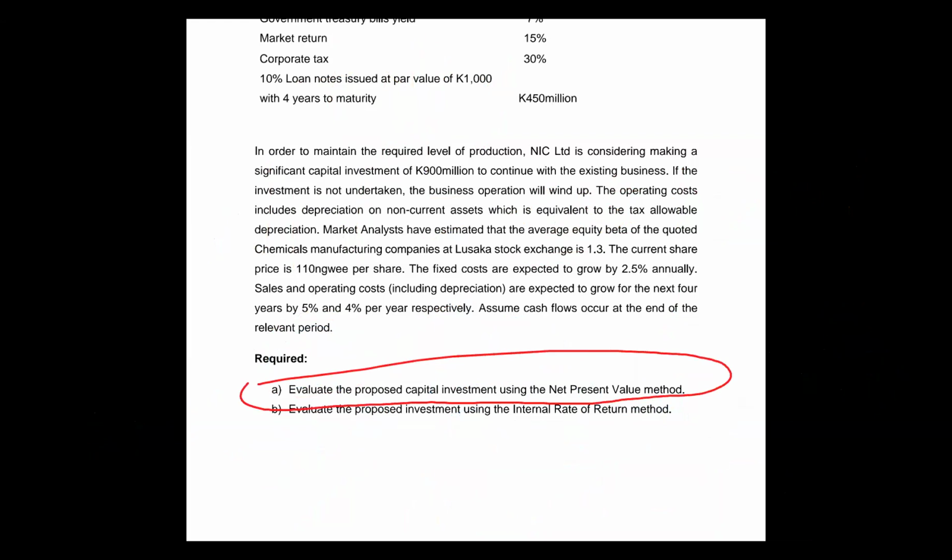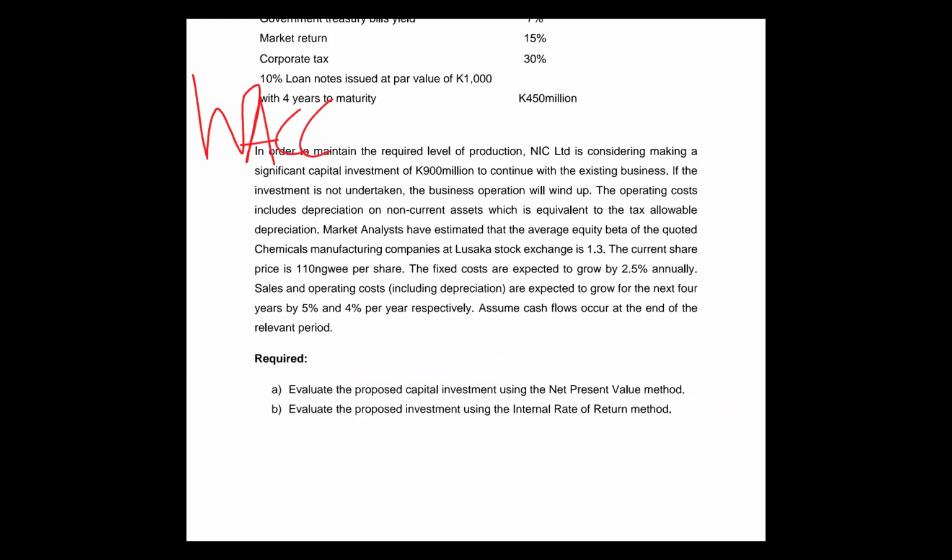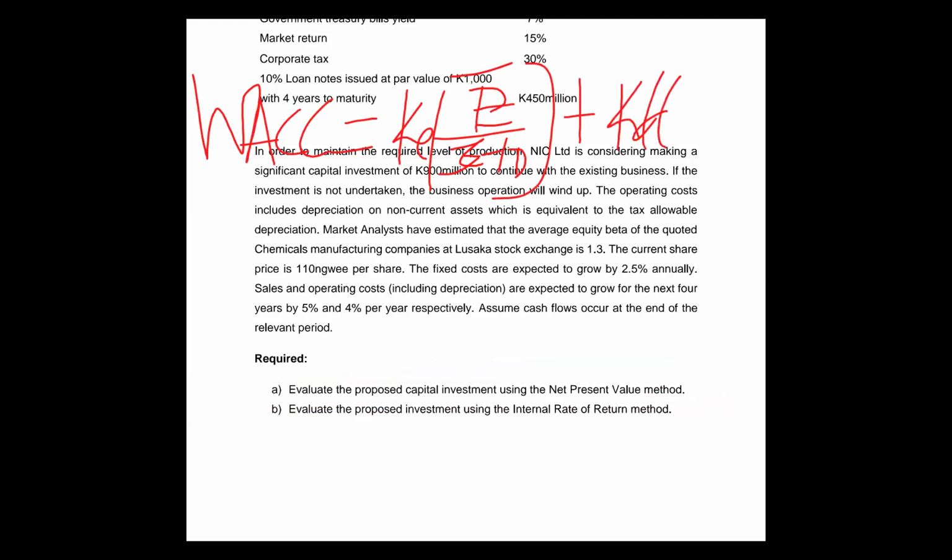But we got to find it. And now how do we use WACC? The conversation is still the same. WACC shall be given by the cost of equity multiplied by the weight of equity over equity plus debt, plus the cost of debt, 1 minus tax rate, multiplied by debt over equity plus debt, and then you're good.